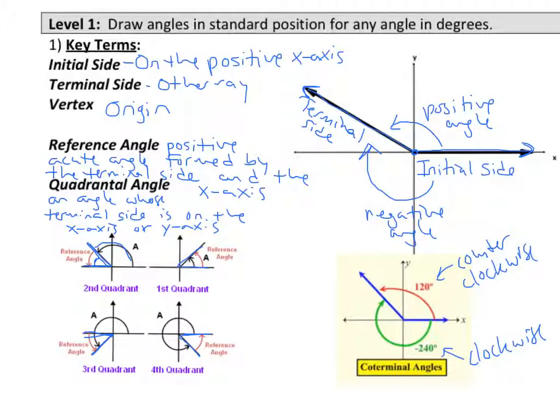So some examples of quadrantal angles would be a 90-degree angle, a 180-degree angle, 270, 360, 0 would be in that list, etc. And so quadrantal angles are always multiples of 90.